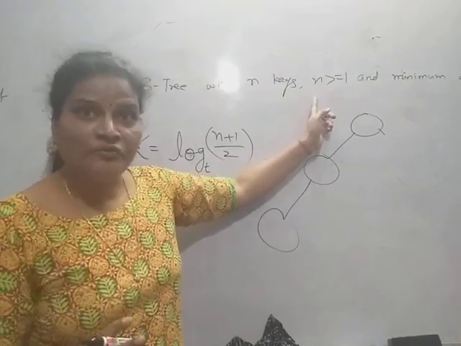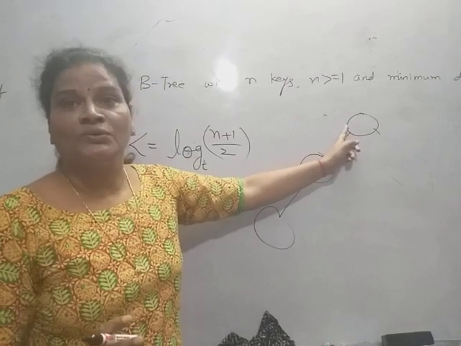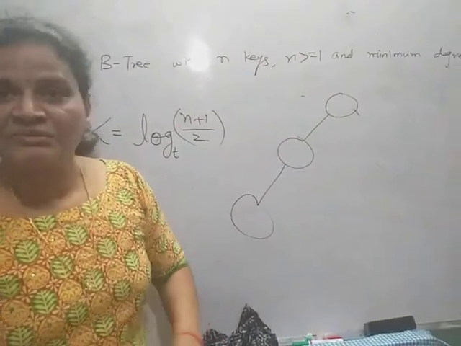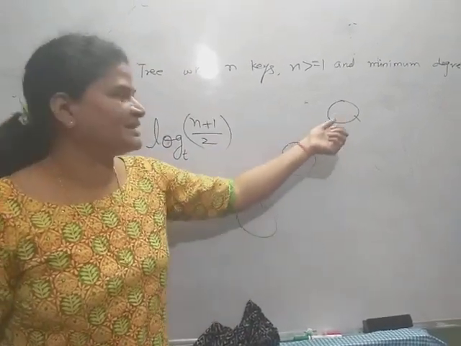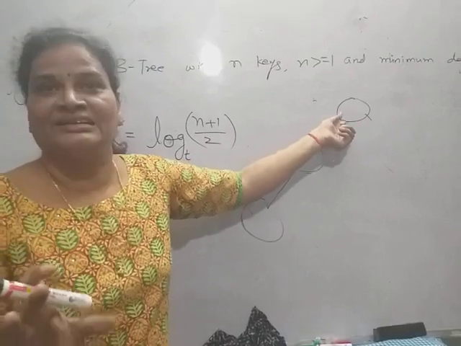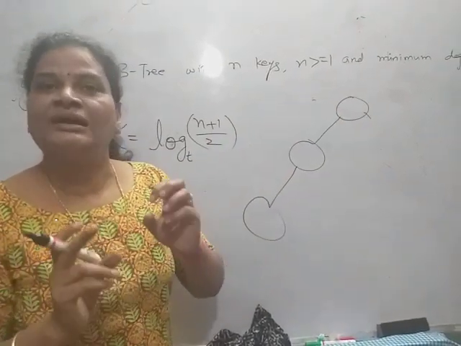This is when every node stores the minimum number of keys. In the case of a binary tree there is a single key, or we can say the minimum number of children. The branching factor I will take minimum.